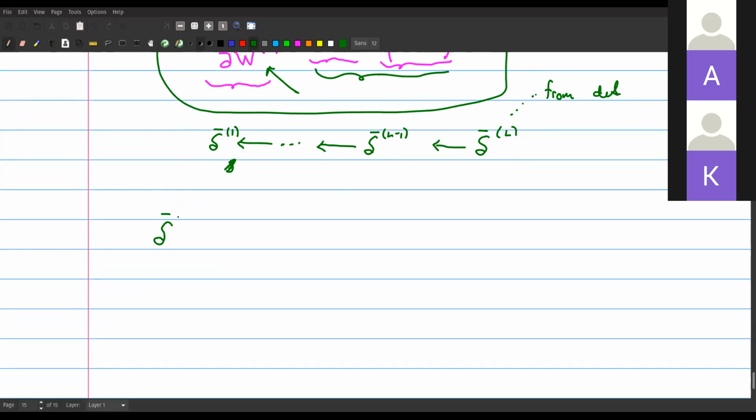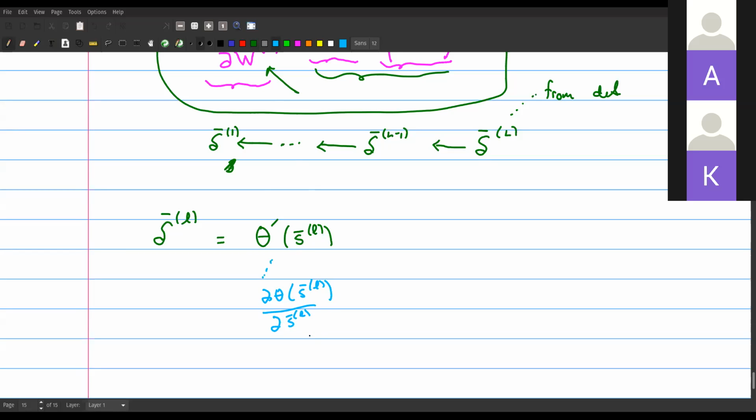It turns out that the recurrence relation between the sensitivity vectors involves the derivative of theta of S L, where the variable is also S L. In other words, this is just a calculus 1 problem.